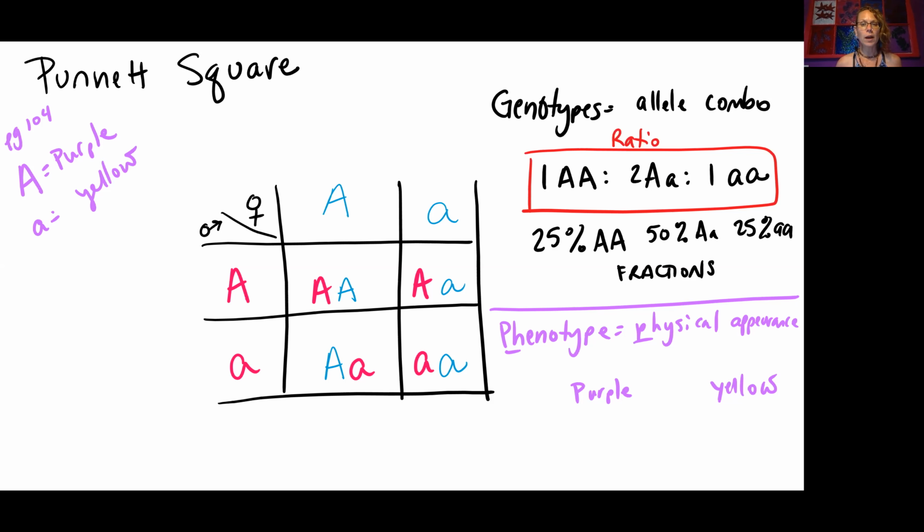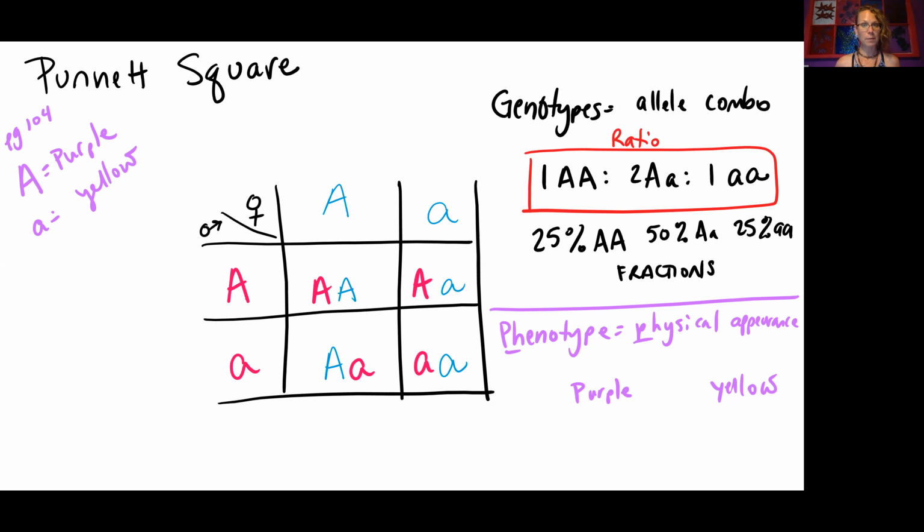If you have reviewed your Mendelian complete dominance rules, you'll remember that as long as you have one dominant allele or capital letter, then you're going to have the dominant form. And the only way then to be yellow in this case is to have two recessive alleles, which are represented little a, little a.